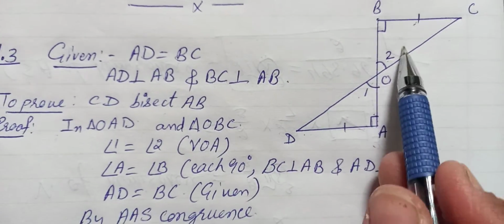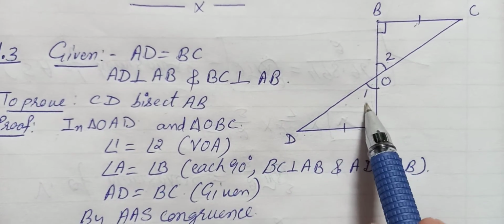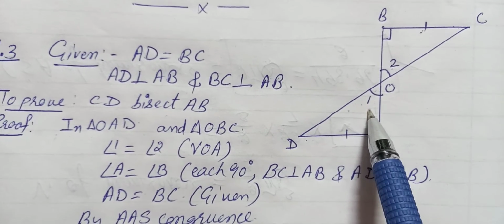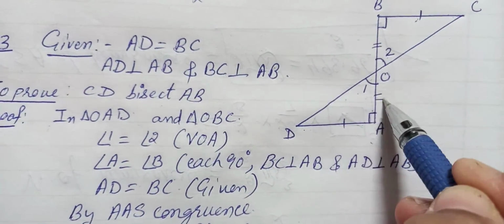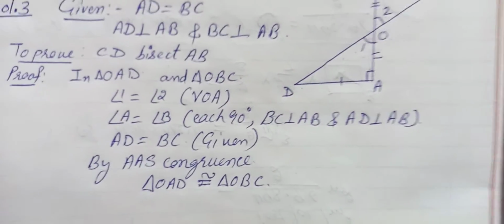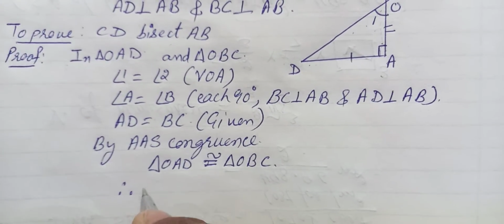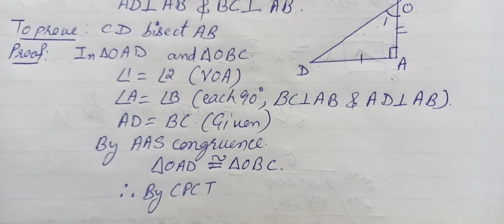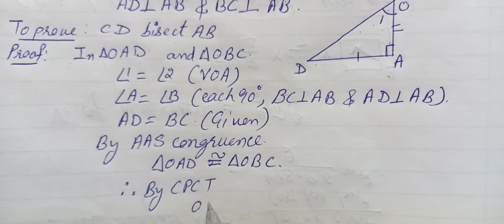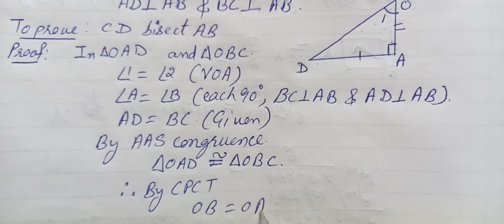So now if these two triangles are congruent, then their corresponding parts are equal. So this portion is equal to this portion. OB is equal to OA. Therefore, by CPCT, that is the corresponding parts of congruent triangles, OB is equal to OA.